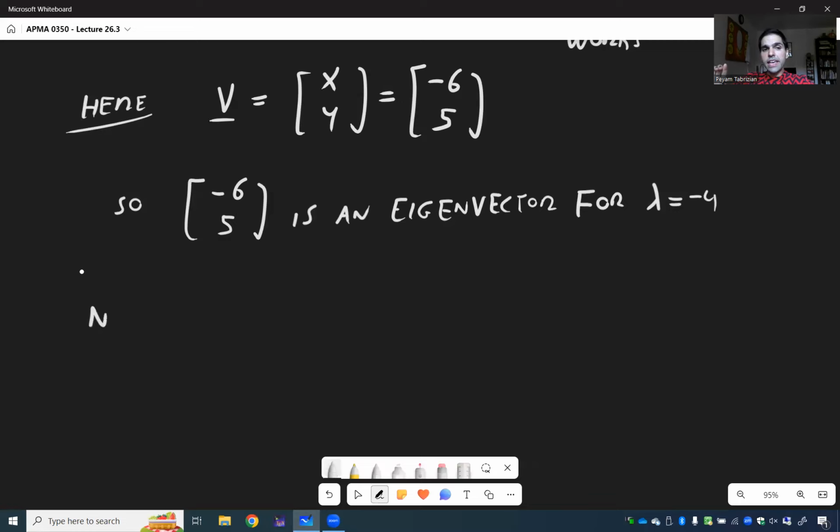But I do want to say just one little remark, because for eigenvectors, you can get nasty fractions, but the good news is it's actually okay to rescale eigenvectors.